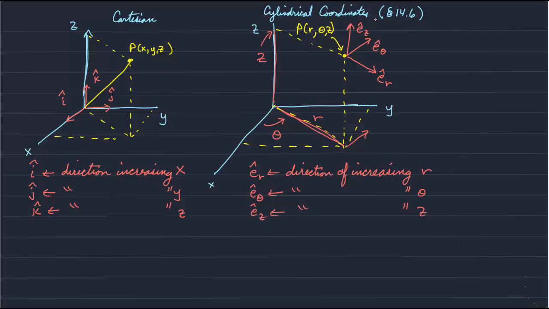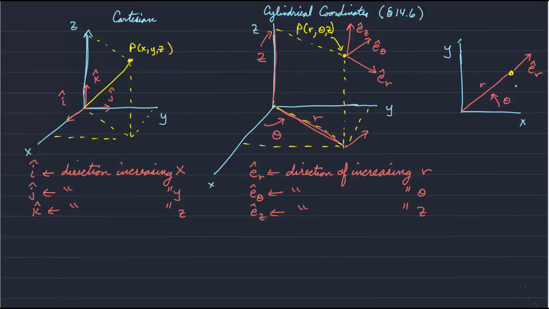e hat z. So if I were to sketch the xy plane flat onto the screen, so this is x and this is y, r would be here, and here's our point P right here, and so e hat sub r is in the direction of increasing r.